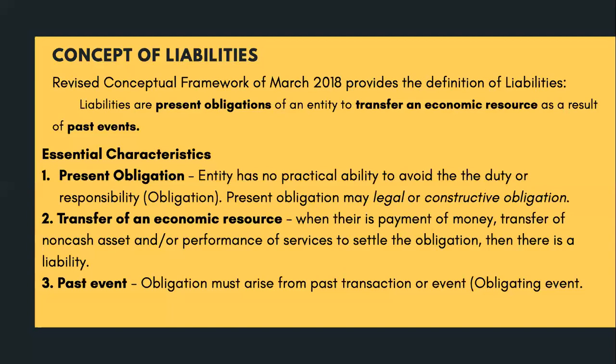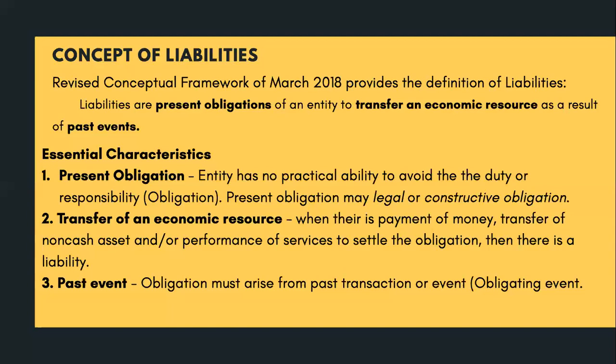It may be payment of cash, transfer of another non-cash asset, or performance of services to settle the obligation. So a liability is a present obligation, with a transfer of economic resource, or an outflow of your asset.